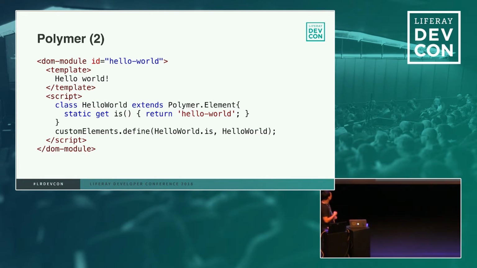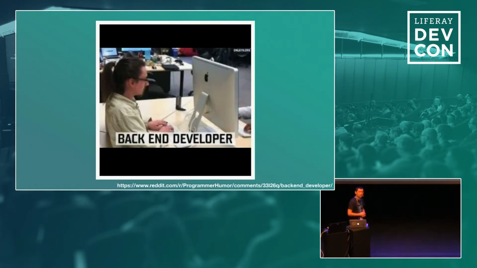Inside the DOM module, you have 2 parts, template and script, same as before actually. Inside the template, you define how your custom element would look, and inside the script, you define a JavaScript class and then register it there. So a little bit simpler, but I would say still maybe not that easy for us backend developers.